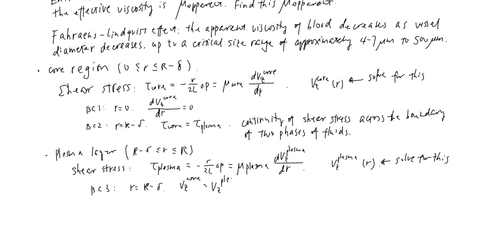This is the continuity of fluid velocity across the boundary of 2 phases of fluid.